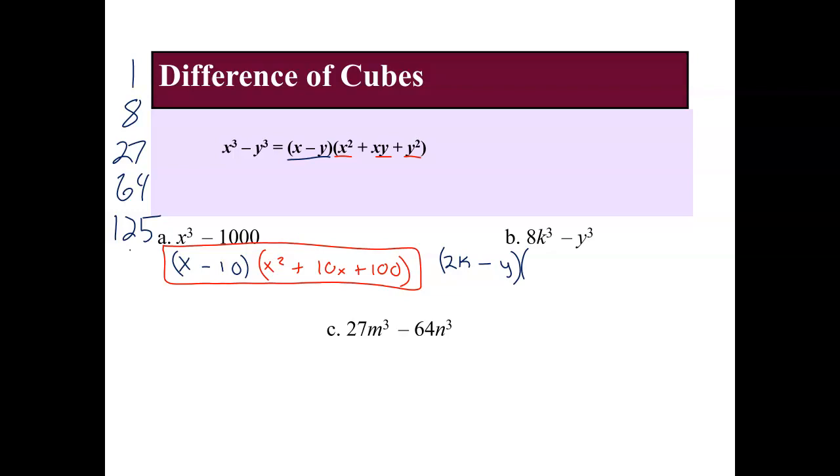We're going to square 2k. What is 2k squared? 4k squared. How do I get the second term? 2ky. Multiply them together. And the last term, y squared. Plus, plus.